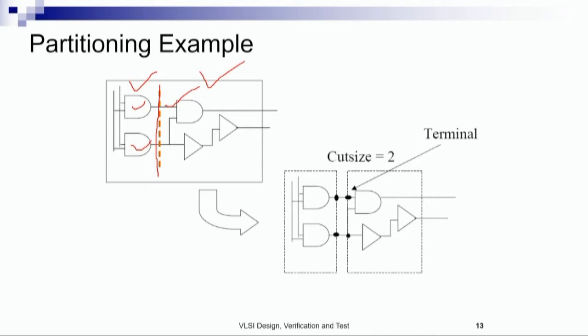And this line will be called a cut, right? And here we see that there are two lines that cut. So these are the two partitions that we have. After the partitioning process, these will form two separate blocks, block 1 and block 2. And one of the important parameters by which a partition is characterized is the size of the cut. So there are two wires that cut through the partition, and therefore the cut size is 2 here.